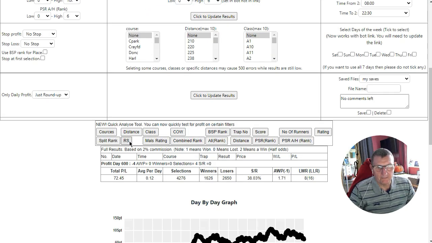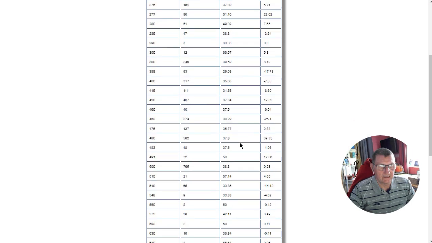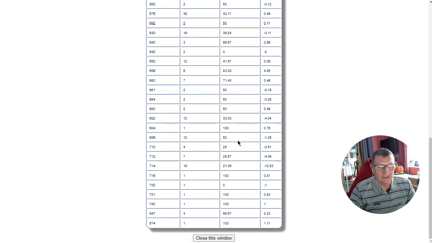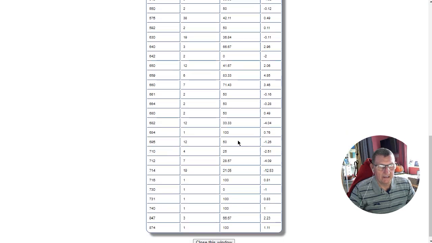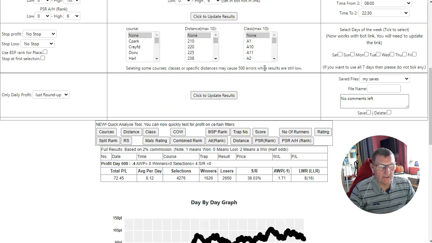We could do the same with distance if we wanted to. I'm trying to stick to things that you could do on a normal race card. So, again, there's profit at different distances. Maybe there's more profit at higher distances, or maybe there's more profit at lower distances. But it looks a bit spread out. And then we've got all these other ones as well.